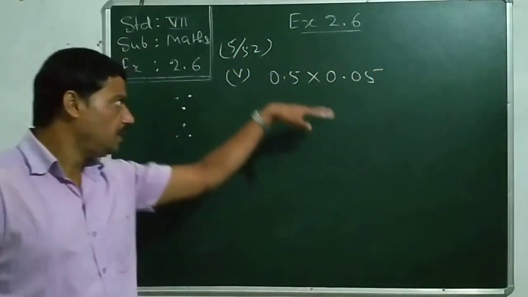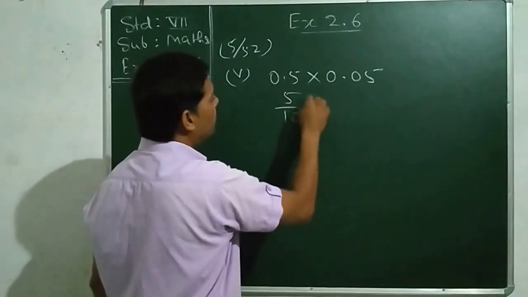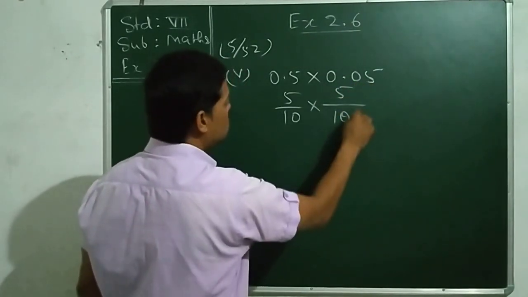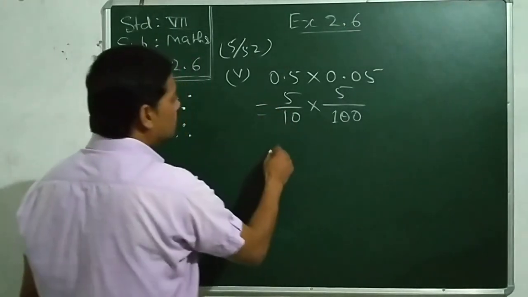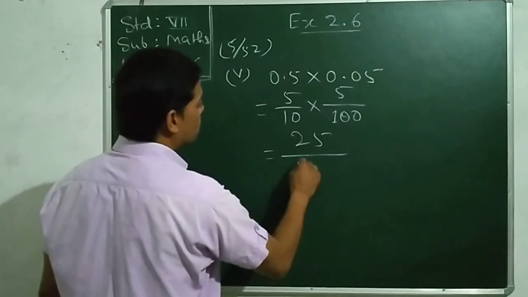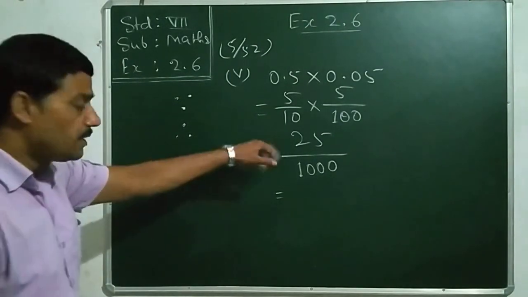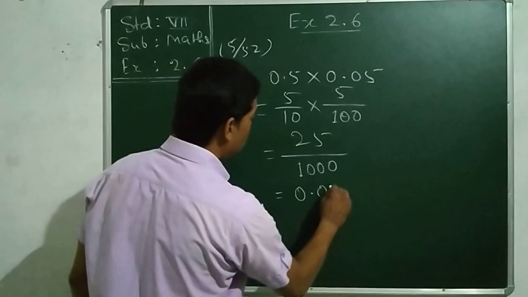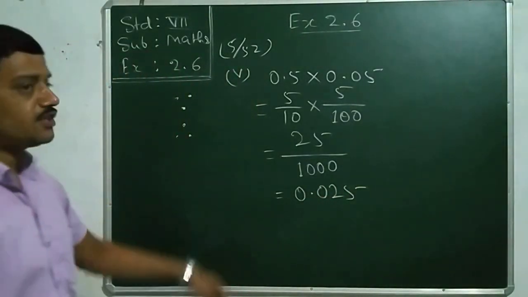Once again, similarly, we will change it into fractions as 5 by 10 into 5 by 100, since 2 digits are there after the decimal, so 100 will appear here, and as a result 25 by 1000, and the decimal representation of the number will be 0.025. In this way, you will solve the entire exercise.